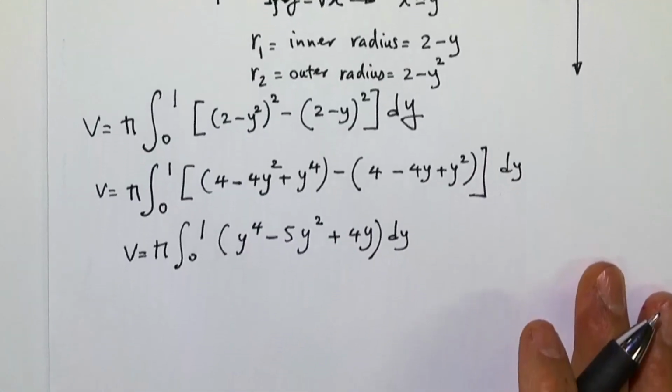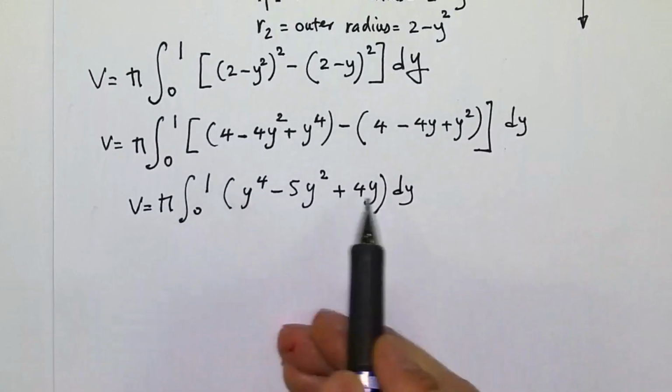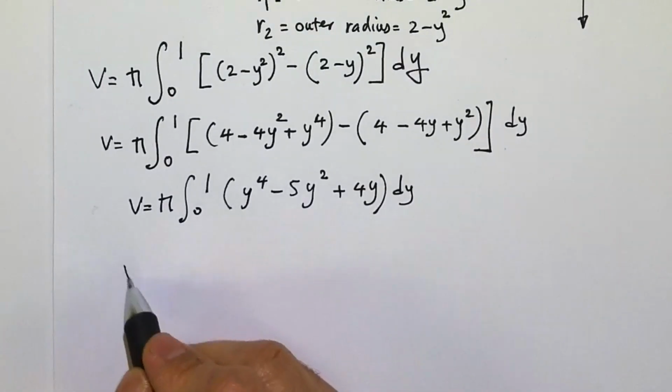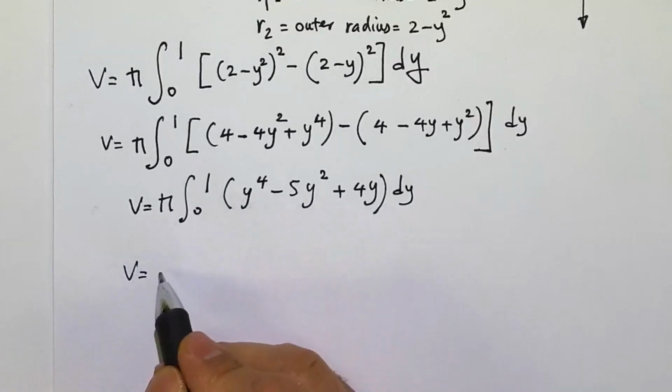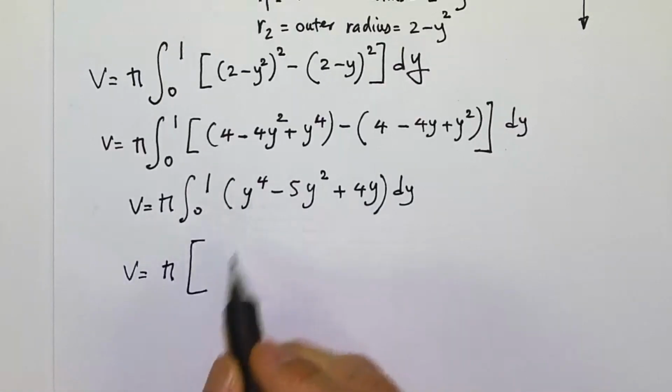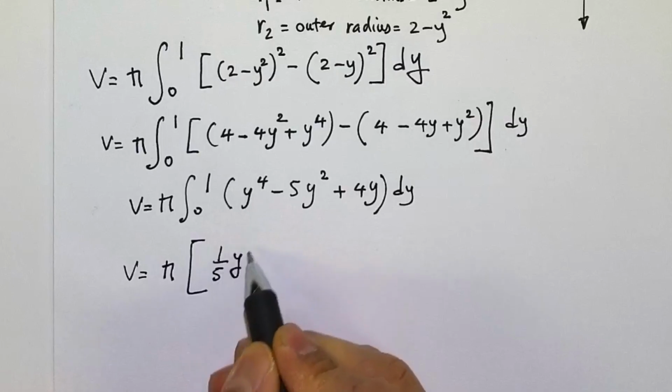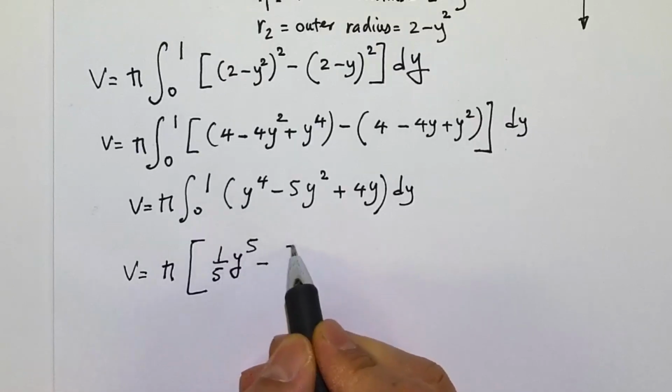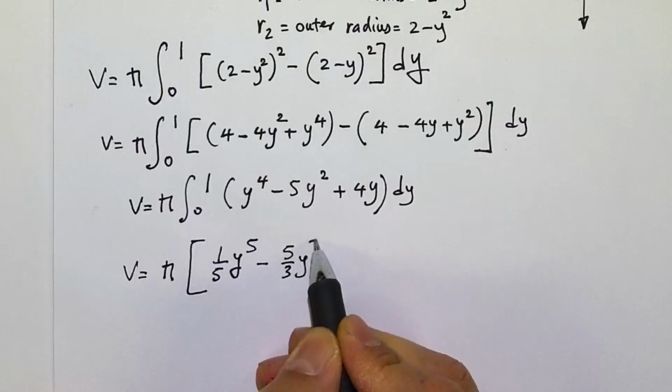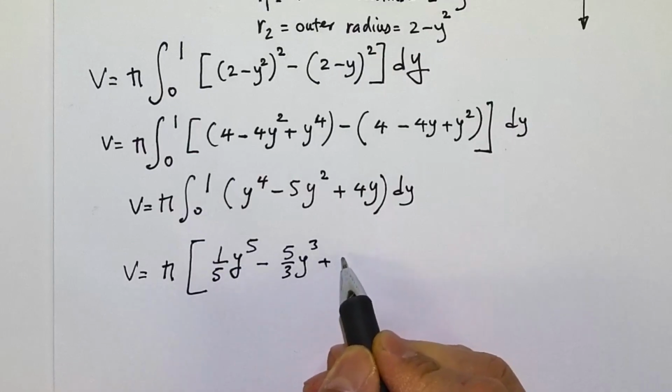Okay? And all of these are very easily integrated. So we have pi times 1/5 y to the 5th power minus 5/3 y cubed plus 2y squared.